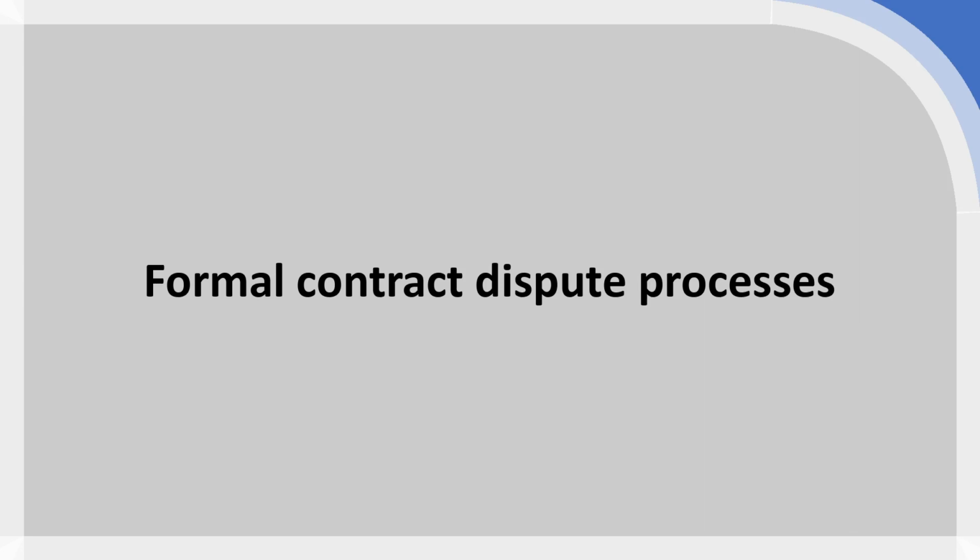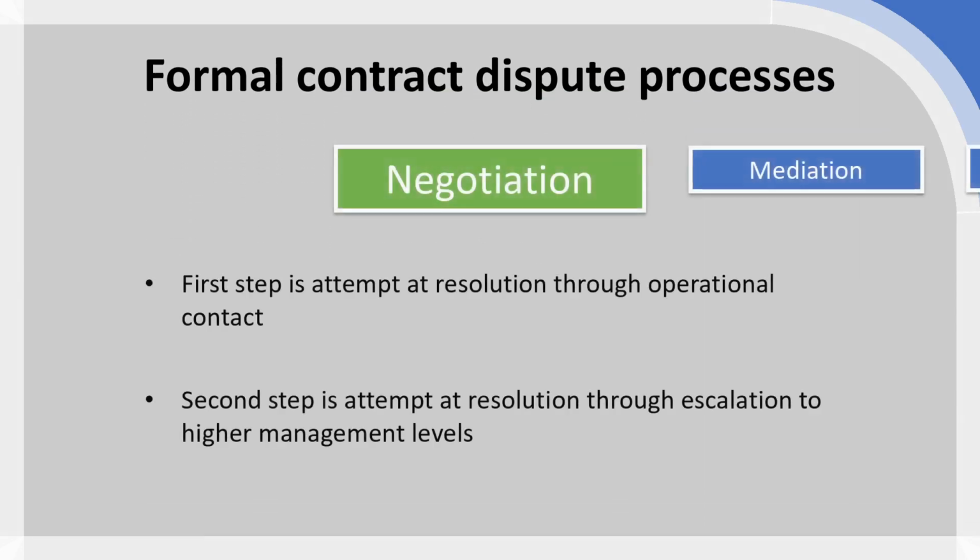So if we start at negotiation, which is what we were discussing in the simple conflict resolution model, once you've attempted to resolve through operational contact, the next step logically would be escalating to higher management levels. So kicking the can upstairs effectively is a necessary step, but a fairly logical one.